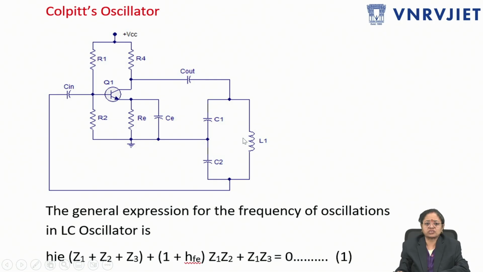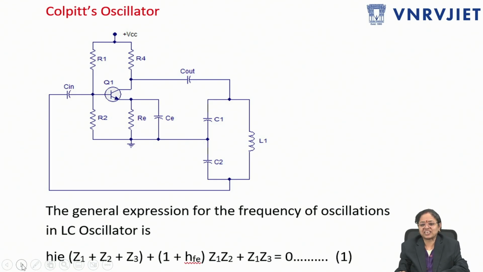Now coming to the derivation of the frequency of Colpitts oscillator, we will use the general expression for the frequency of oscillations. So the general expression for the LC oscillator is given by equation 1: hie (Z1 plus Z2 plus Z3) plus (1 plus hfe) Z1 Z2 plus Z1 Z3 equals 0.